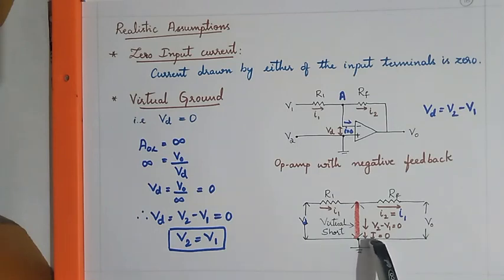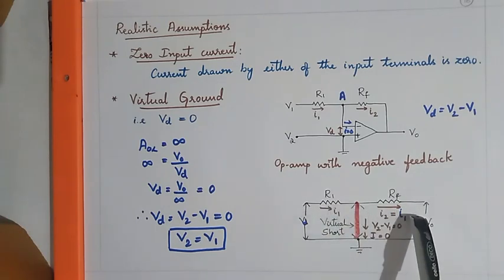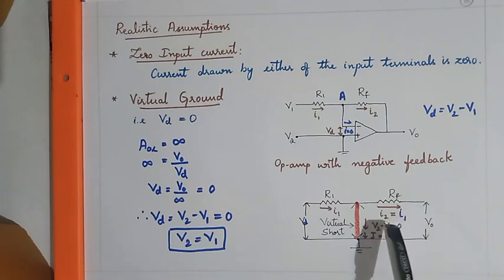Also, since I equals 0, that is, the current drawn into the op-amp is equal to 0, the current which was flowing through R1 is the same current that flows through the RF resistor as well. Thus I2 is equal to I1.